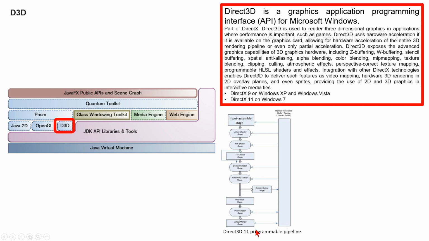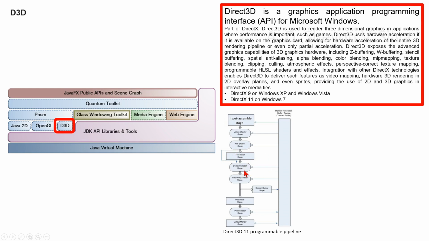Here you can see the input assembly stage is connected to the vertex shader stage. The vertex shader stage is connected to the hull shader stage. The hull shader stage is connected to the tessellation stage and the domain shader stage. The tessellation stage is connected to the domain shader stage.